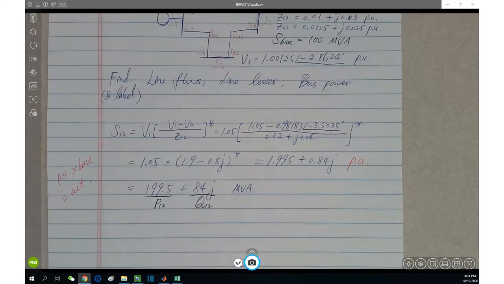We're not labeling a single S, we're labeling P and Q separately. Any questions? It's super easy, isn't it? Looks like it, but not necessarily when you do it.